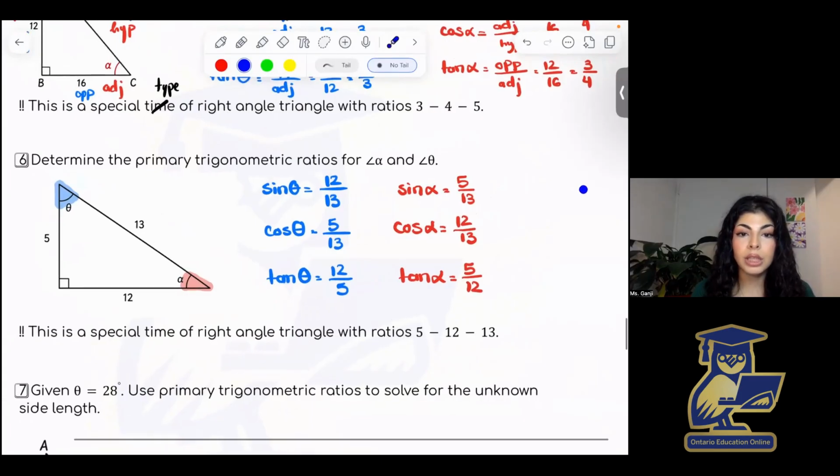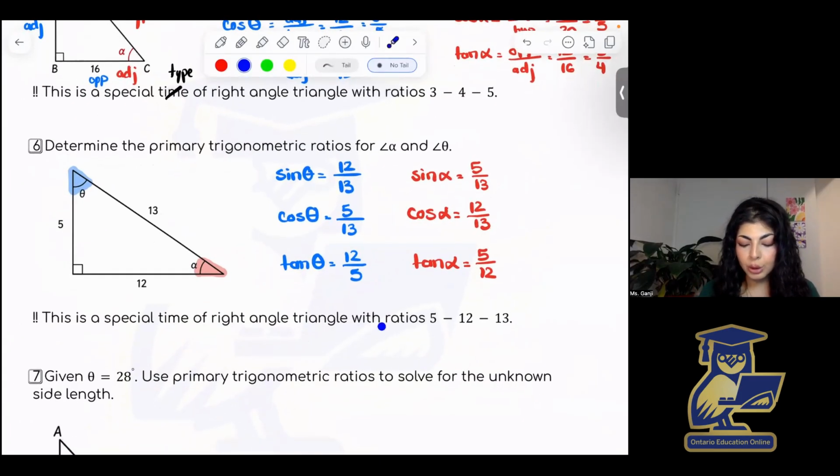So we don't actually have units for these. And this is also a special type of right angle triangle, and this has ratios 5, 12, 13. So you might see, for example, 10, 24, 26. That will be the double of these ratios. So it comes from this basic right triangle.